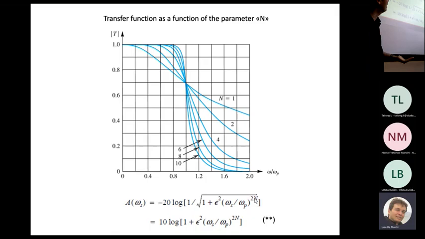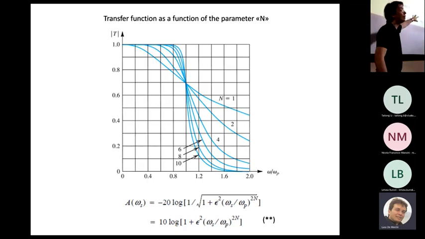So the idea is that this exponent n should be an integer. Okay, so you iteratively change n, starting from 2, 3, 4, etc., until you get an attenuation which is higher than A min. Okay? Once you have found an attenuation higher than A min, you set the order of the filter at that specific value.